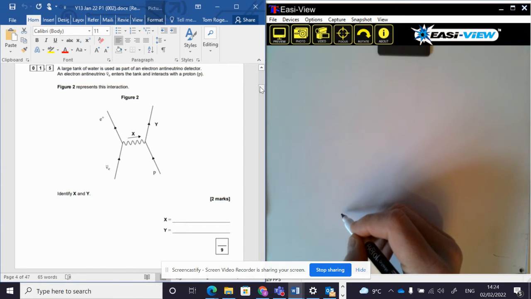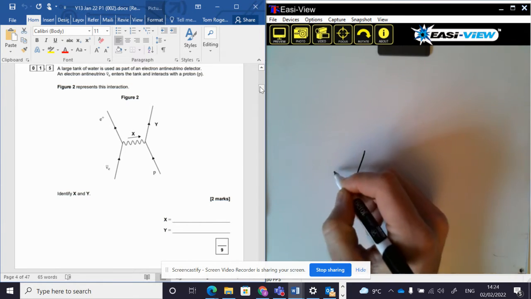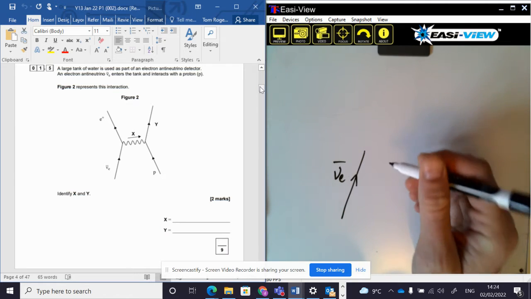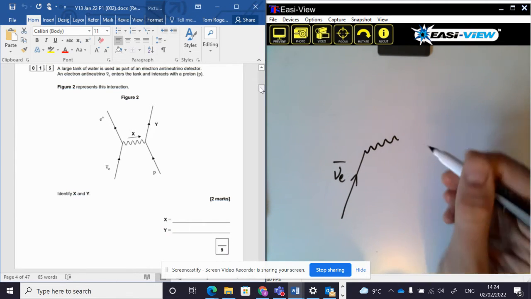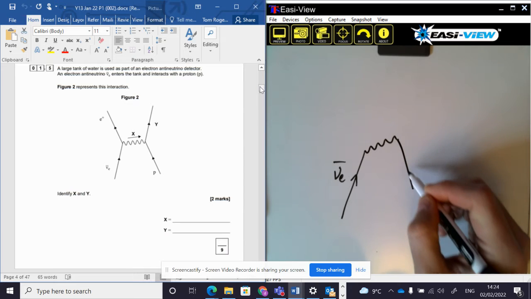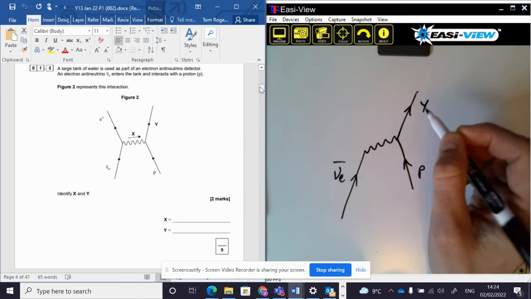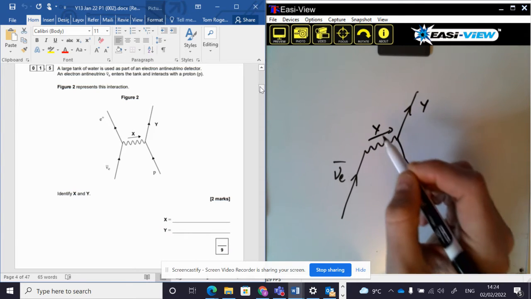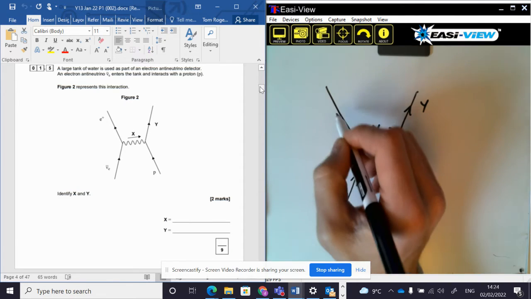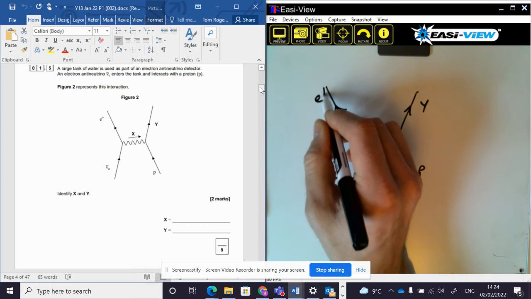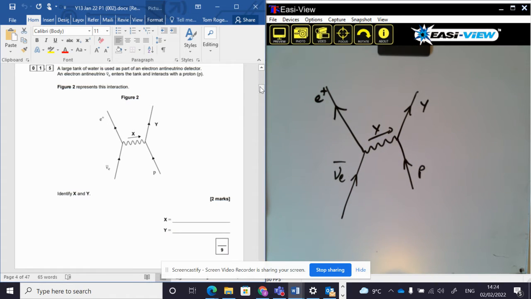So we've got the interaction between an anti-electron neutrino, the mediating particle, and a proton coming in. We've got a Y, some particle we're going to have to identify, and we've got X, and then we've got an anti-electron. The positively charged electron is the anti-electron.